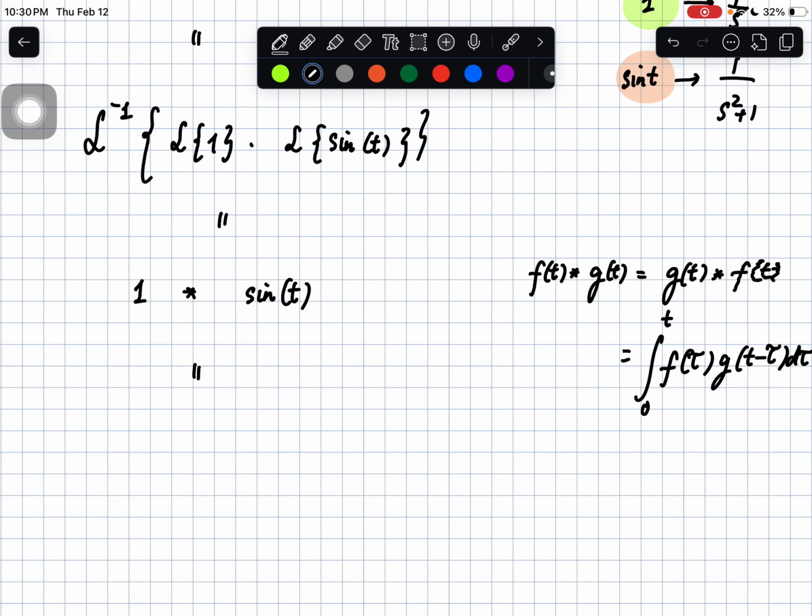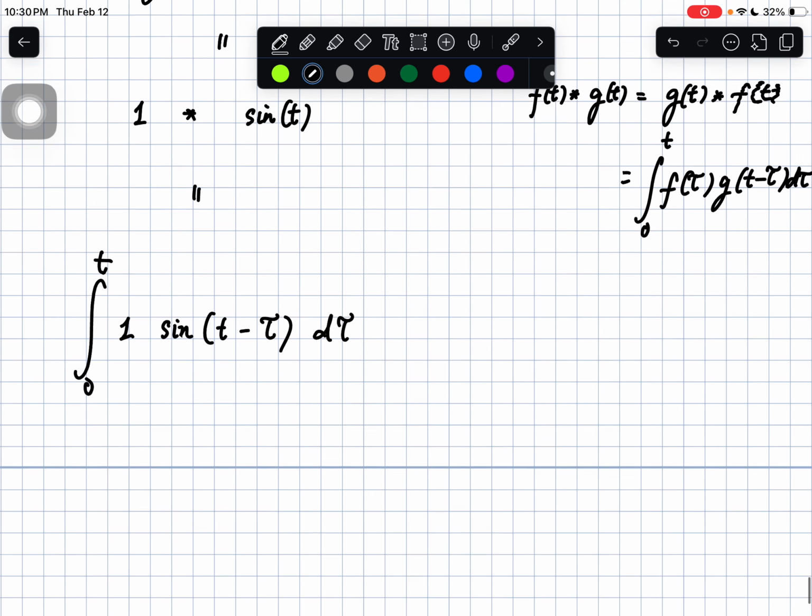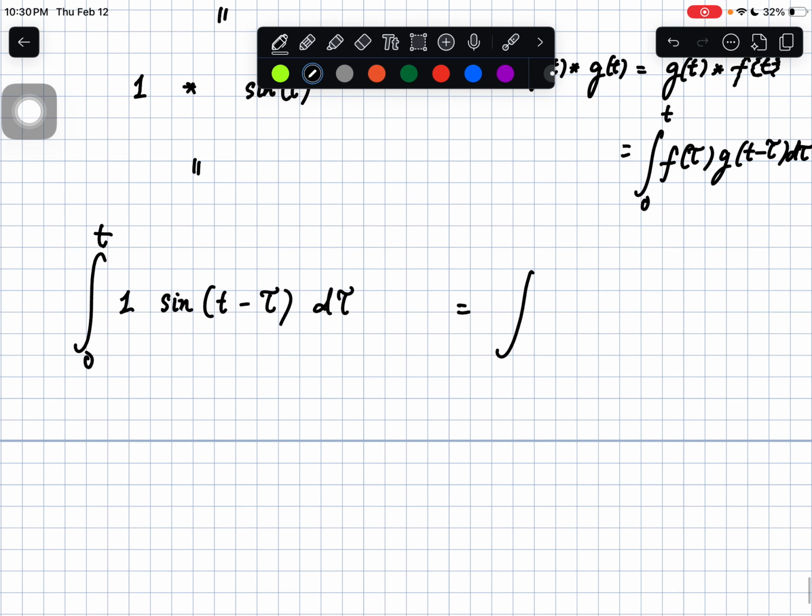In our case, from 0 to t, f(tau) is 1, and g(t minus tau) is sine of t minus tau, d tau. So it is the integral from 0 to t of sine(t minus tau) d tau.